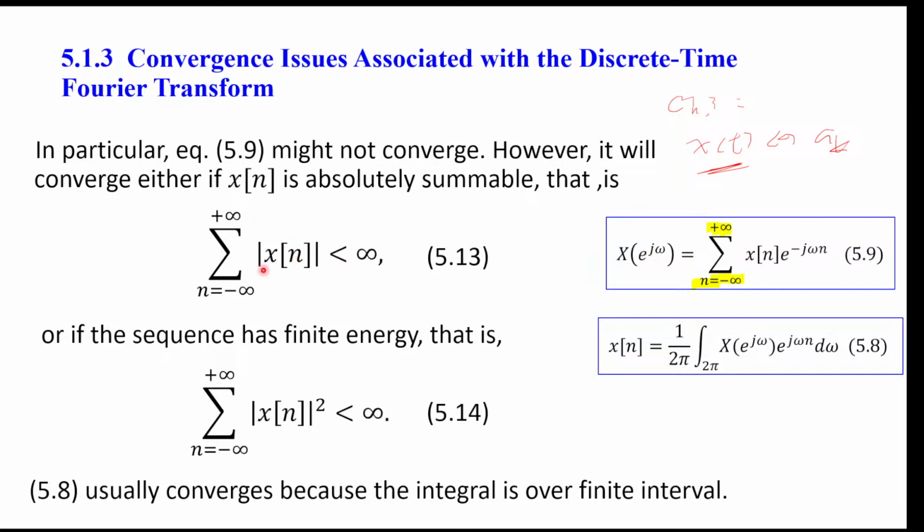But now x of n is a discrete time signal, so there is no way it has too many maxima and minima or too many discontinuities, and so we only have absolutely summable here. Finite energy is a similar condition we had before. Also for equation 5.8 we say that it converges just because we have a finite interval.